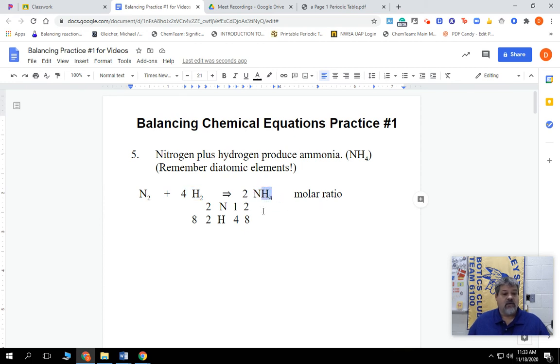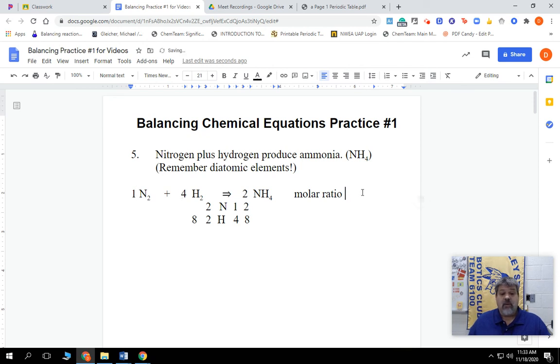So now I have a molar ratio. What is my molar ratio? My molar ratio is 1. Remember, I would put a 1 here for nitrogen, because if there's no coefficient, there's always a 1 there. If it was 0, then we wouldn't have that compound there at all. So it's going to be 1 to 4 to 2.